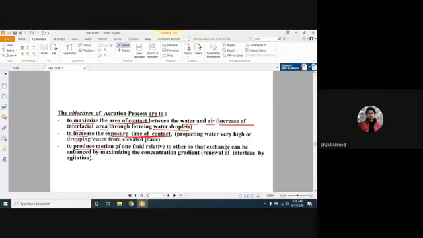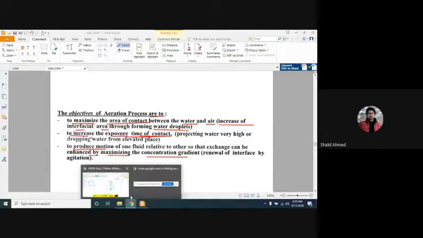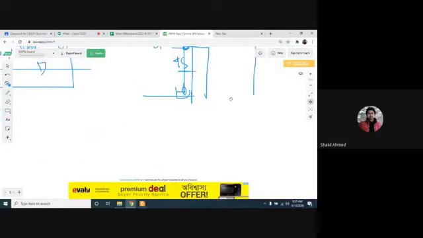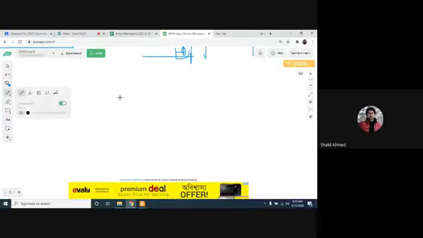To produce motion of one fluid relative to the other so that exchange can be enhanced by maximizing the concentration gradient. What is that? This is a little bit tricky. Look here. This is a glass of water.